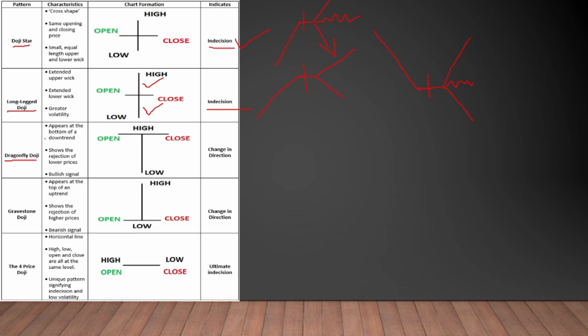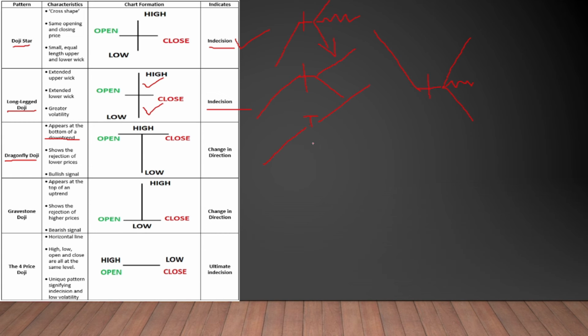Let's suppose the previous trend is an uptrend, and a candle forms like this, a dragonfly doji. It is quite indicative that bulls are in control, and we can strongly say that the market may continue to the upside.